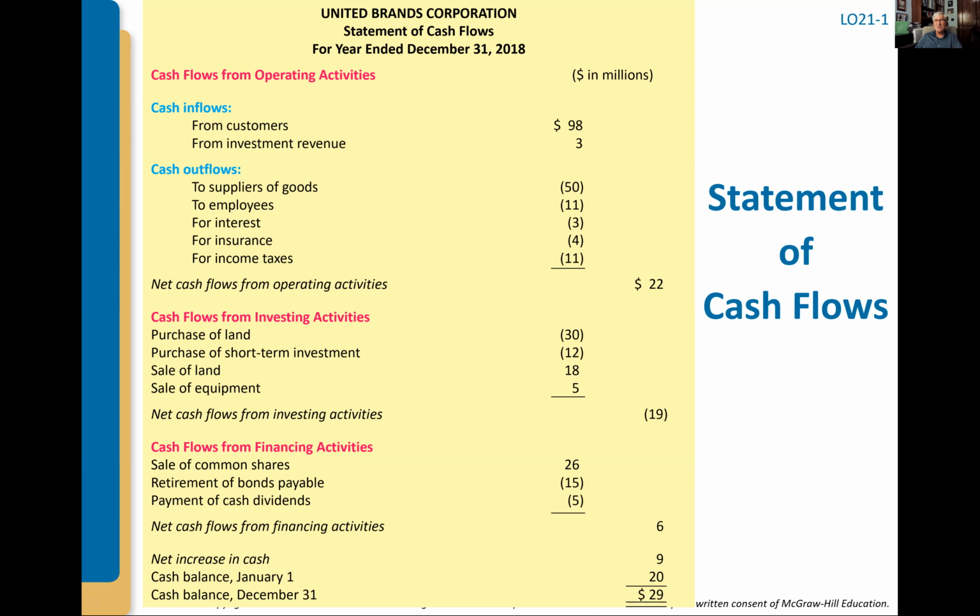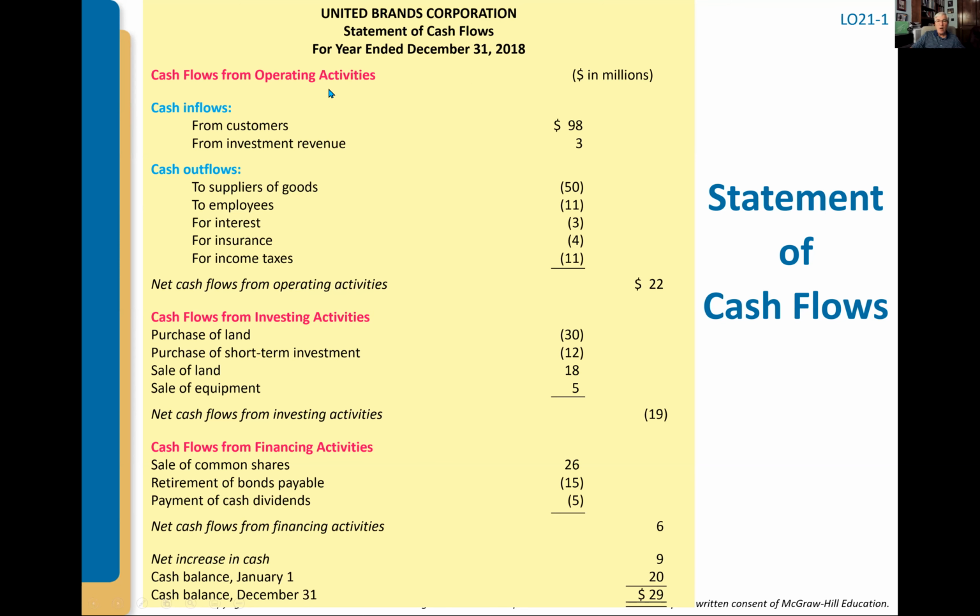It's so much easier. If you're going to use the direct method, you've got to capture so much more information in your accounting system that would not only be hard, but also cost money to gather. So, even though it's encouraged, most people do the indirect method.